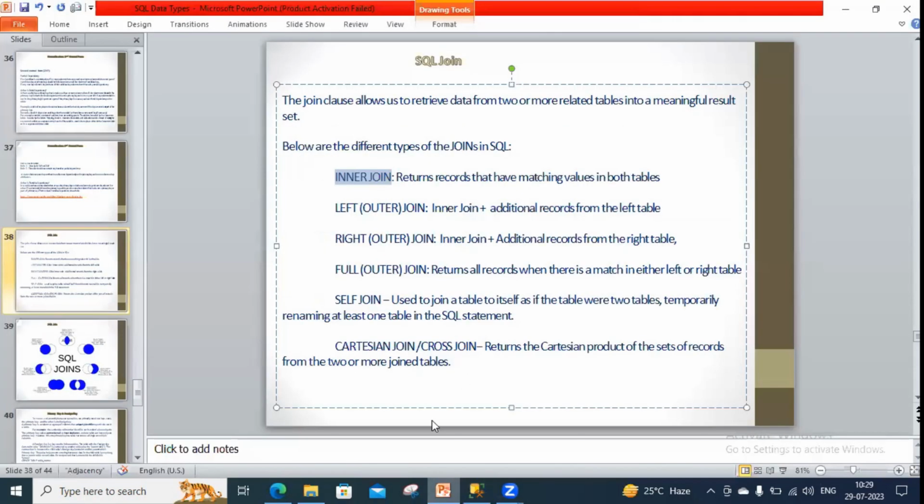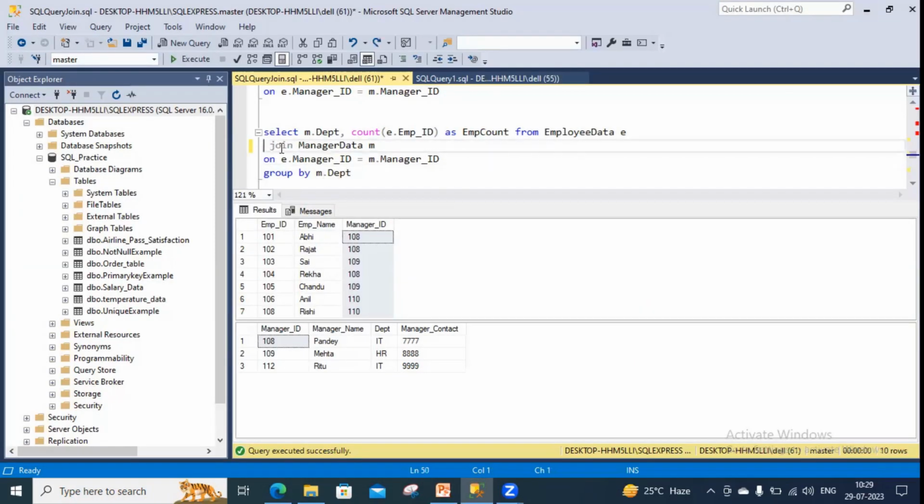And what is outer? I just remove the word outer also. It is also not required. If you write left join, and some people write it differently, you might get confused, right? What is this right outer join? I never knew this.